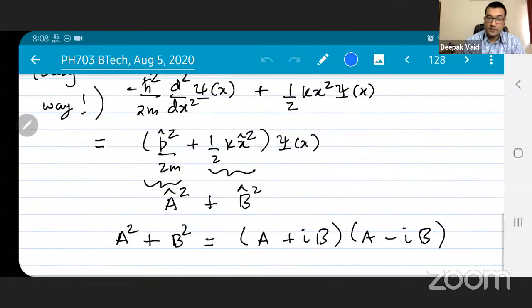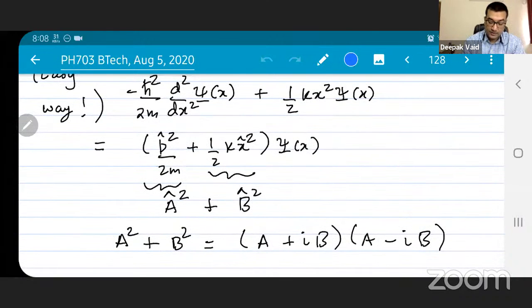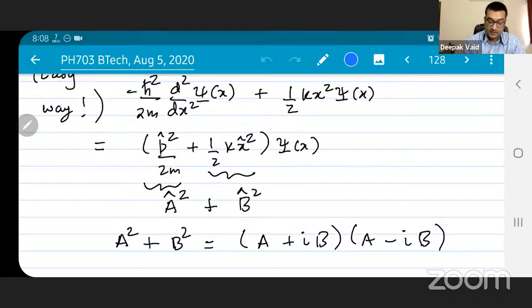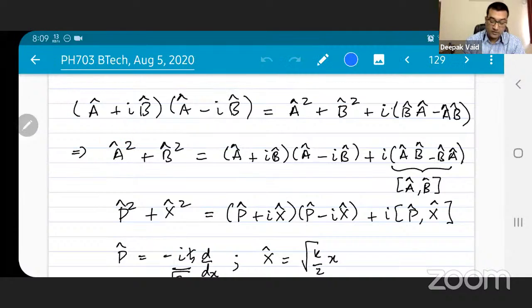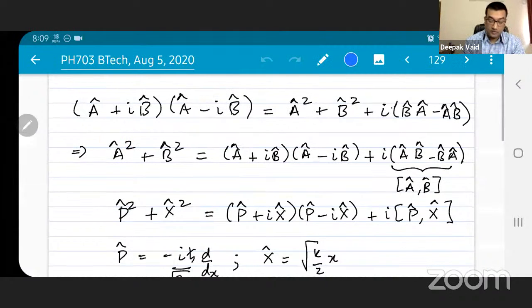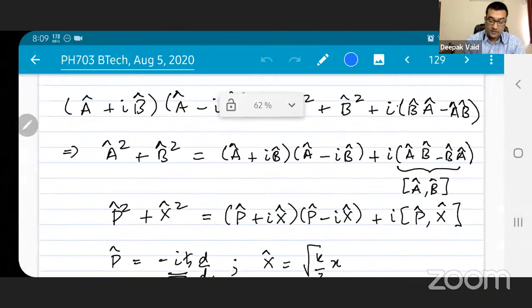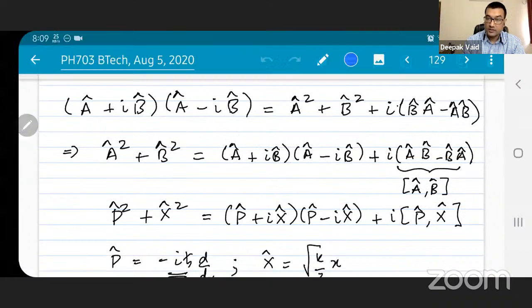This operator-based method proceeds by first seeing that the Hamiltonian has the form of two expressions, a square plus b square, and then the recognition that this can be factored in a certain way. Because these are operators and not numbers, we have to be careful about the order in which they are multiplied with each other. And so we have this expression in which there is a commutator also.